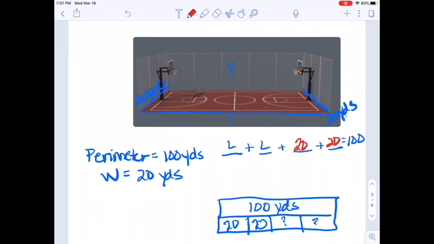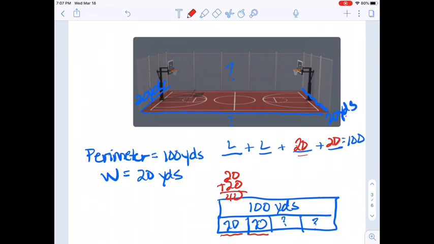So let's try to figure this out. What's the width of these two sides added together? 20 plus 20. We know that's 40. So I know these two equal 40. So I have length plus 40 equals 100.